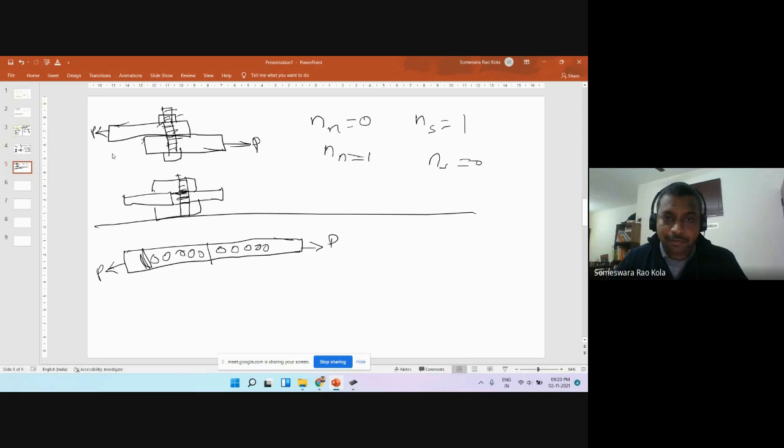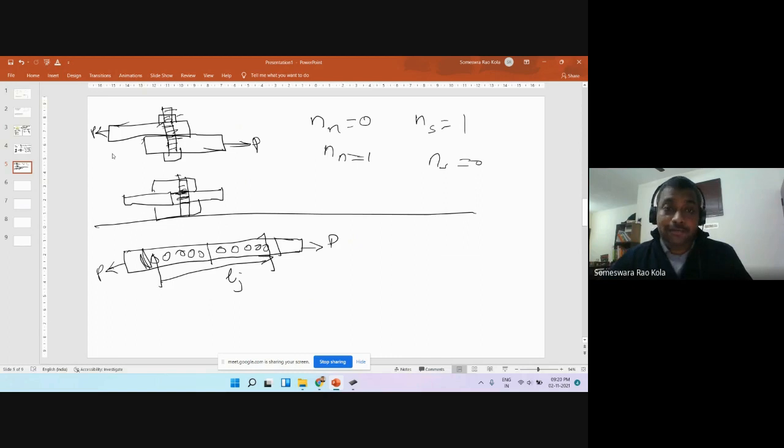What is the length of joint? The length of joint is the distance between the two extreme bolts. Let's say that is lj.